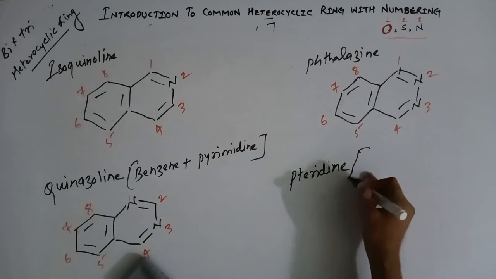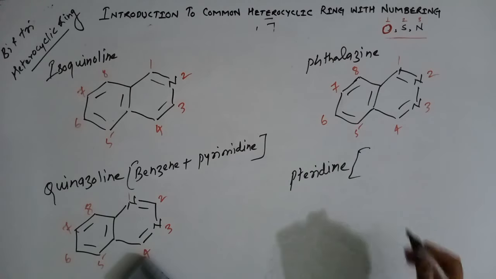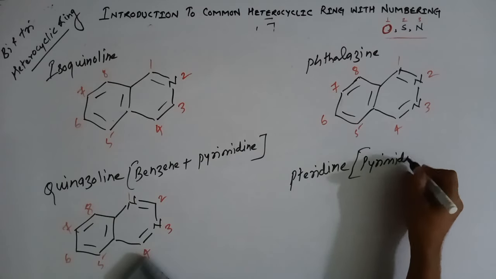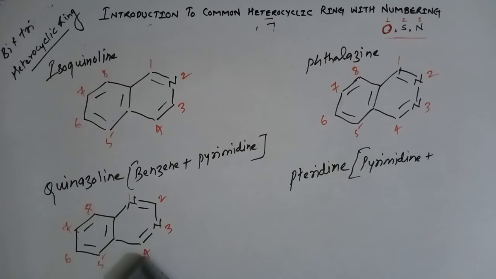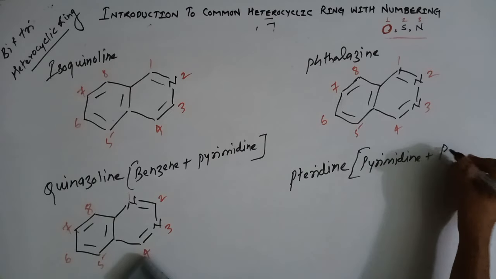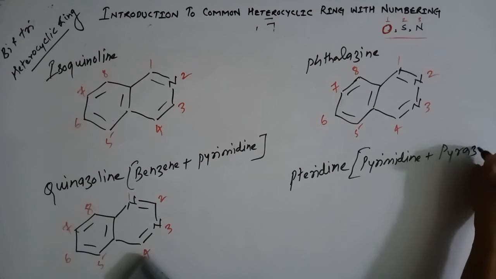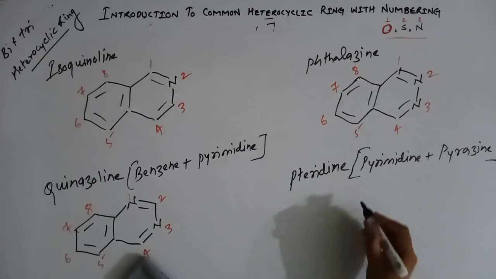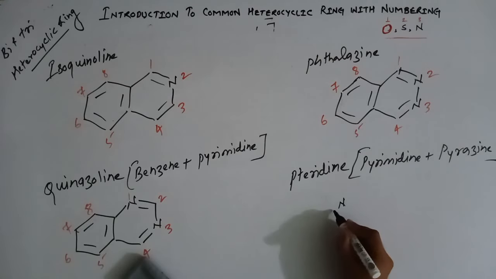Pteridine is made up of pyrimidine plus pyrazine. Its structure is like this.